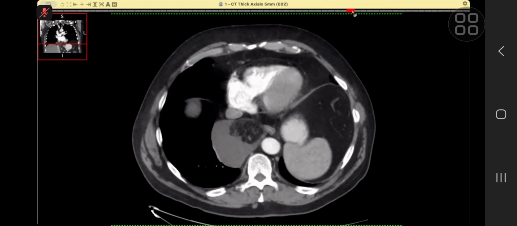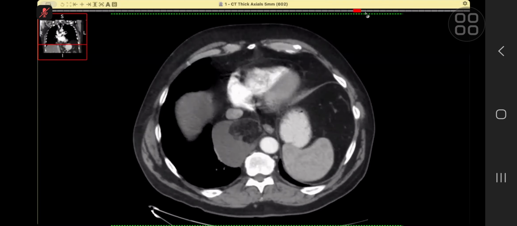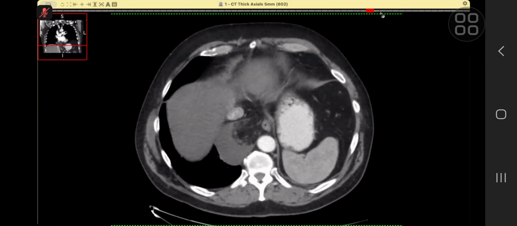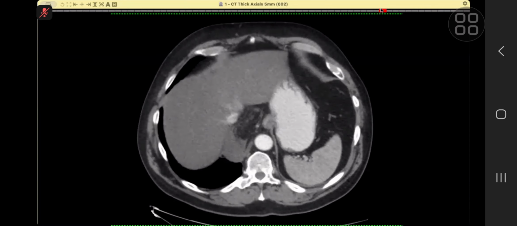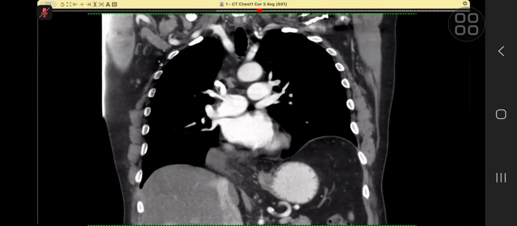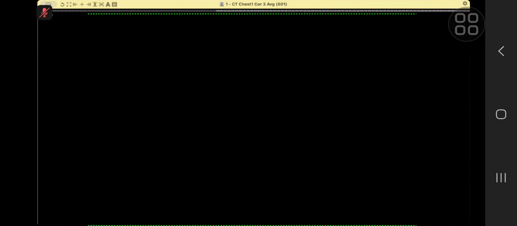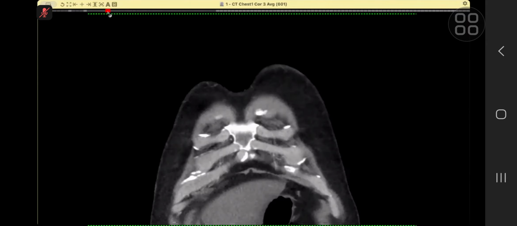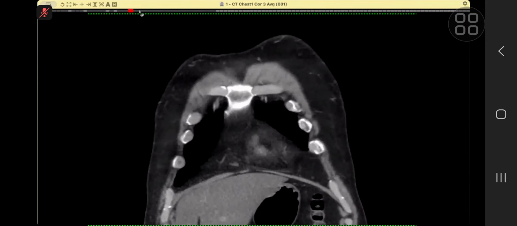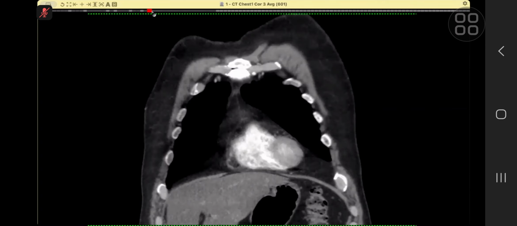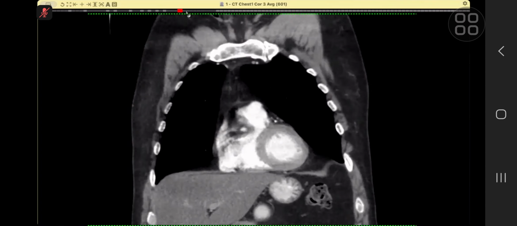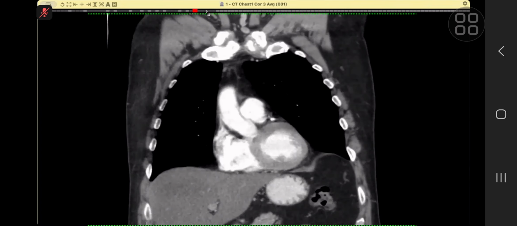But would you like to see anything else? I would like to see the coronal images. Coronal. I'm scrolling through the images.